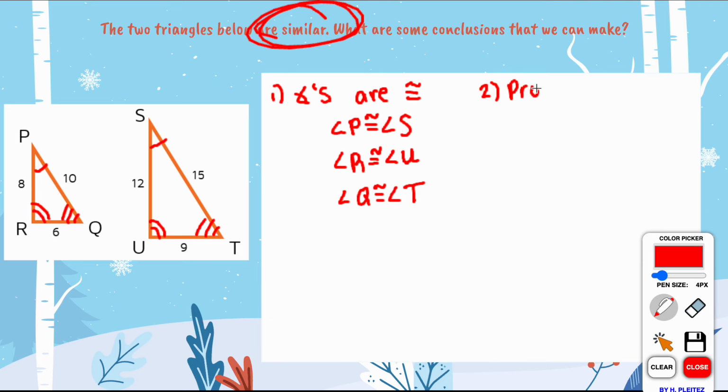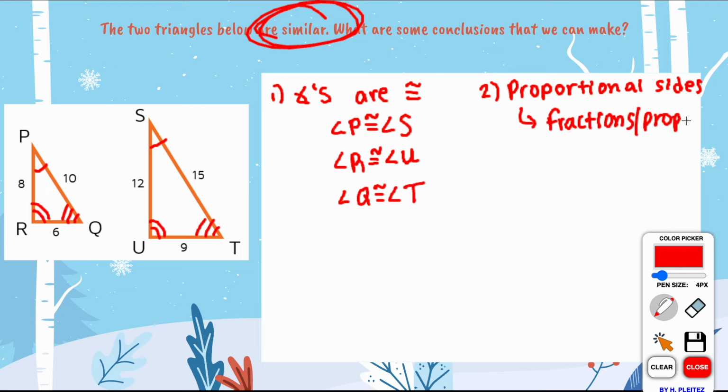The second part of the definition talked about proportional sides. And remember, when we had our proportional sides, this was when we were making our fractions and proportions, right?